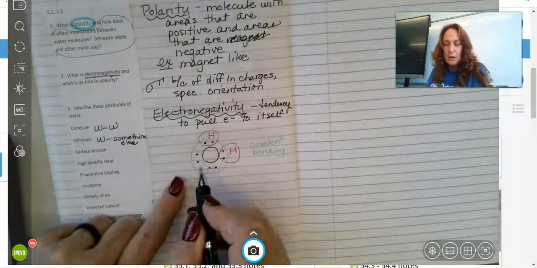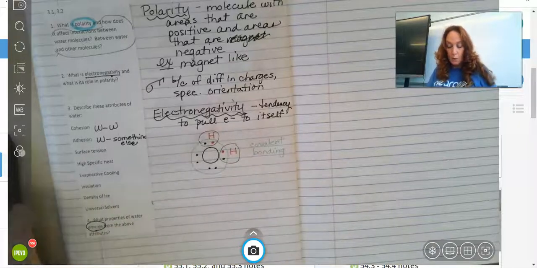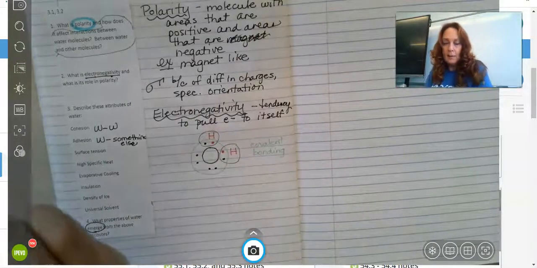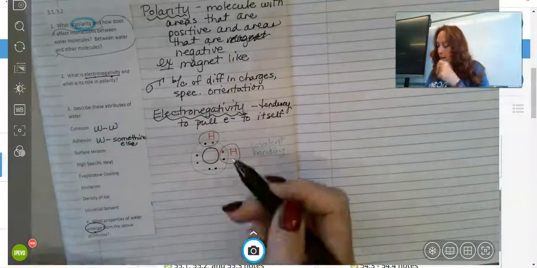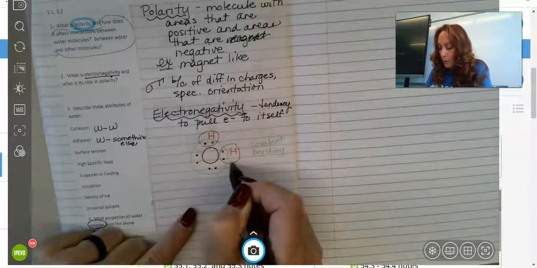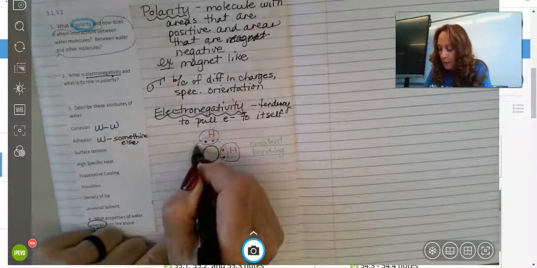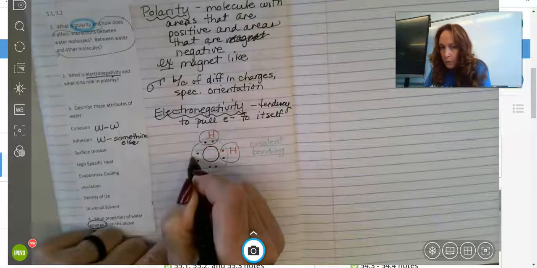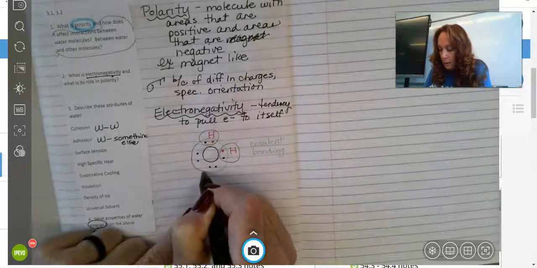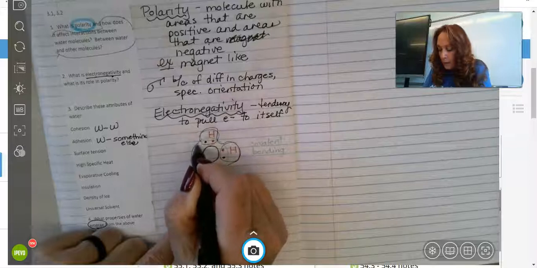But oxygen is highly electronegative. So the way that this would work if you looked at it with time, so I'll use my pencil. If you're an electron and you're moving around this molecule, you're going to stay longer around oxygen than you will around hydrogen.